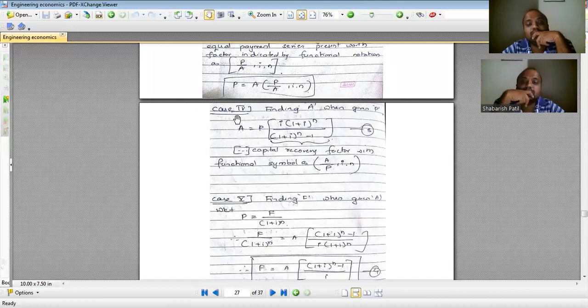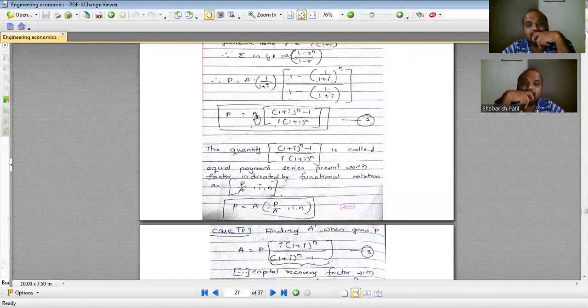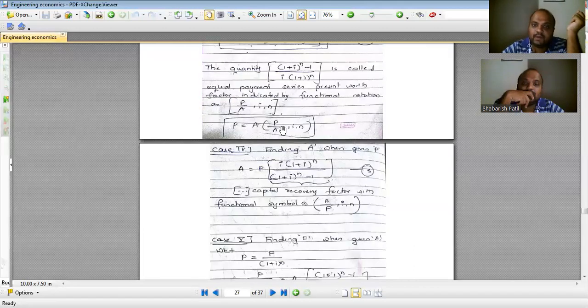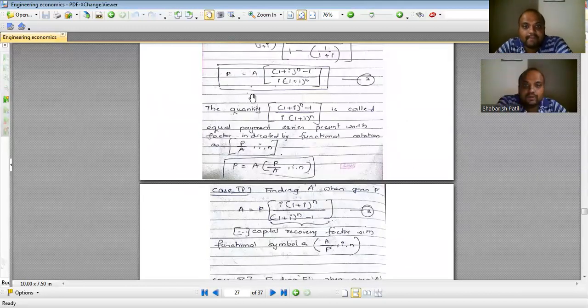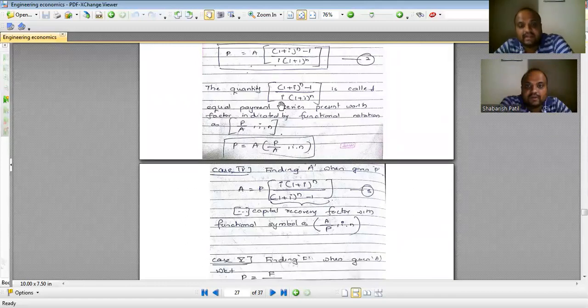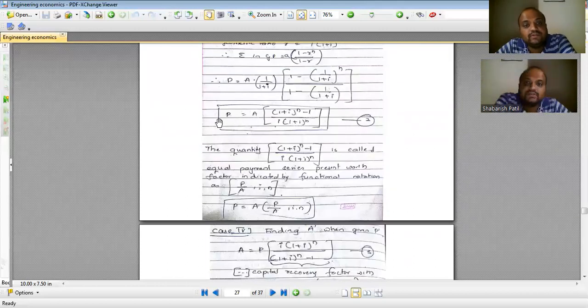So, now going to case 4. This is the formula. If I know the value of A, I, and N, it's possible to calculate the present value at 0 time using this formula. Now, if I know the present value, how much annuity may I get at the end of every year or at the end of every period? Here I know the P value, but I don't know the A value.